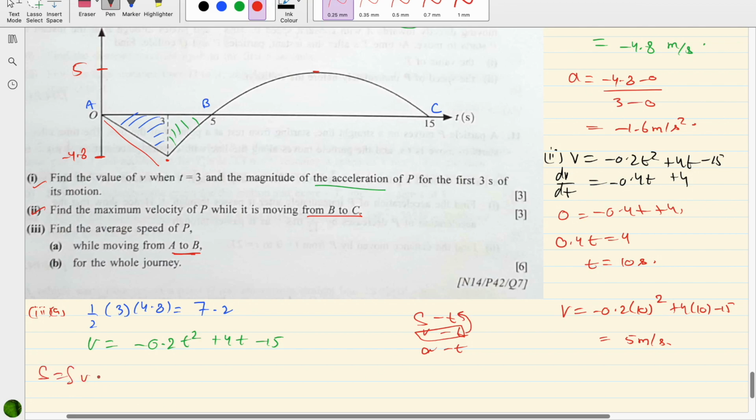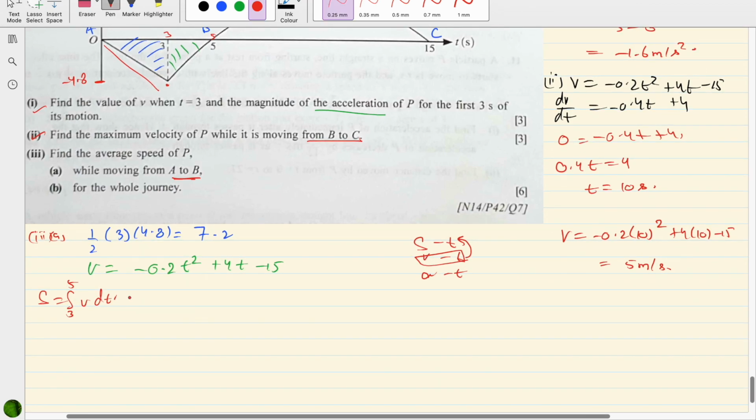So that is the integral with respect to dt, and we do have the limits from 3 to 5 already. So I'm integrating from 3 to 5 negative 0.2 t square plus 4t minus 15 dt. This becomes negative 0.2 t cube by 3 plus 4t square by 2 minus 15t from 3 to 5.